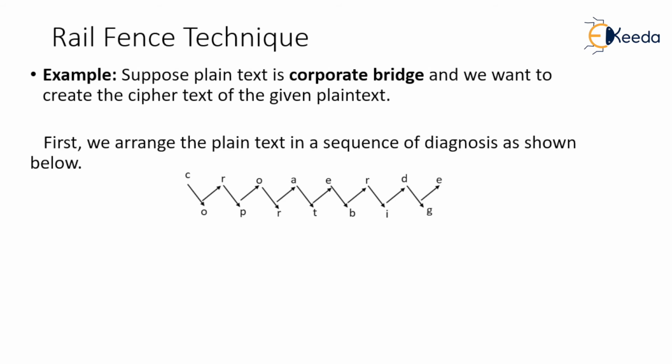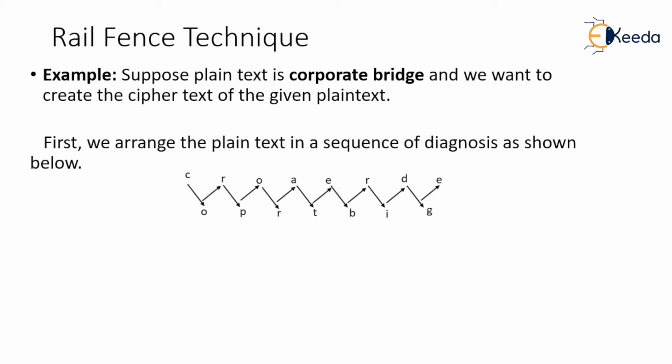Suppose we have the plain text corporate bridge and we want to convert it into the ciphertext. First we will arrange the plain text in a sequence of diagonals as shown in the figure below. We are first arranging this plain text into two rows. As you can see, C followed by R, O, A, E, R, D and E in the first row. In the other row, in the diagonal position of the C, the second letter of your plain text is written.